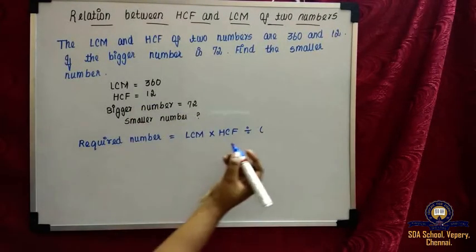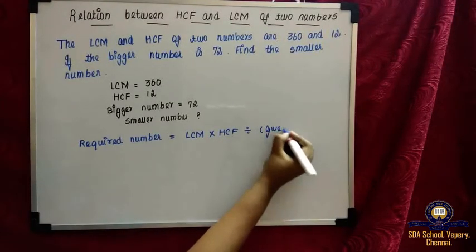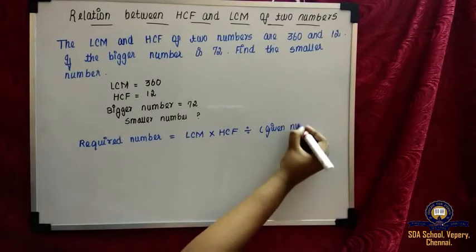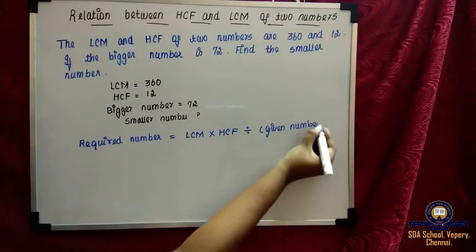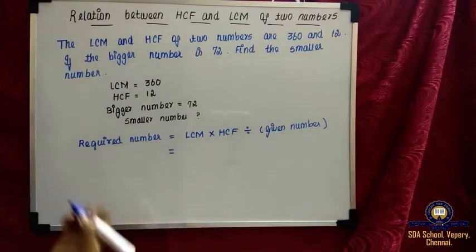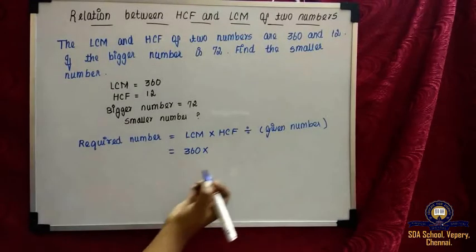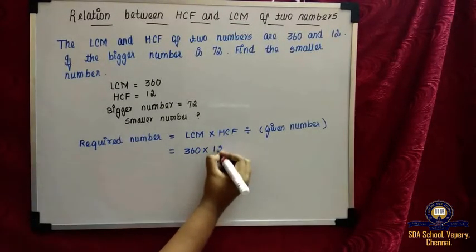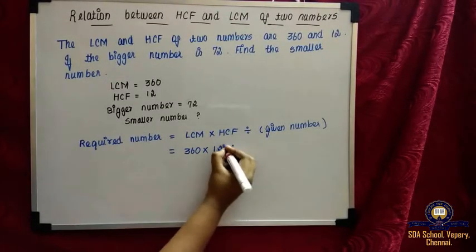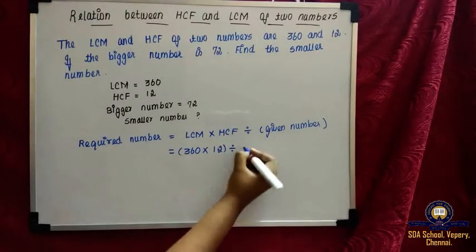That is the bigger number here. So LCM is 360 into the HCF is 12 divided by the number given here is 72, right?